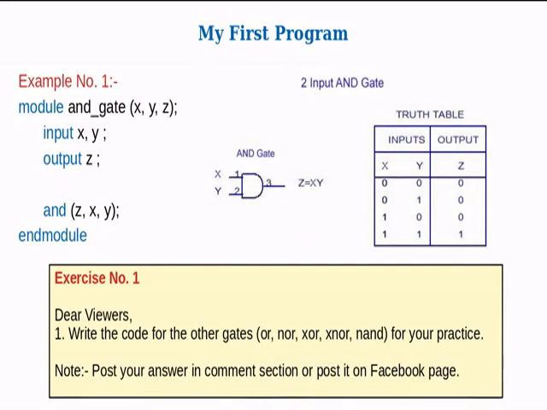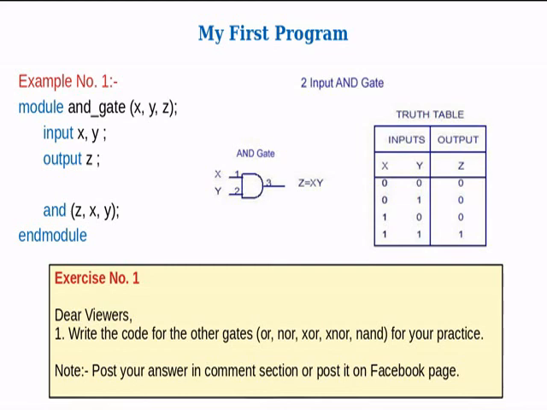Here we consider a simple example of simulating an AND gate and verifying this truth table. For that purpose, we write a simple example at the gate abstraction level. Here we can see that a program in Verilog HDL starts with the keyword module, and then the module name is given, which is AND_gate, and then the port list X, Y and Z. In this figure we can see that there are three terminals.